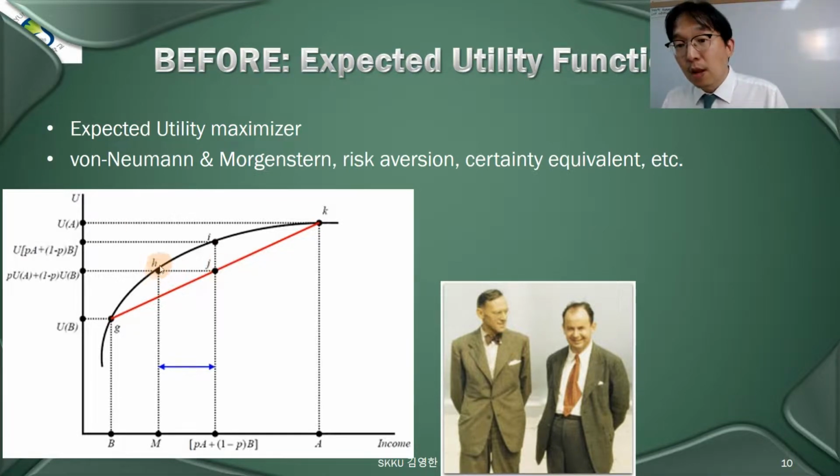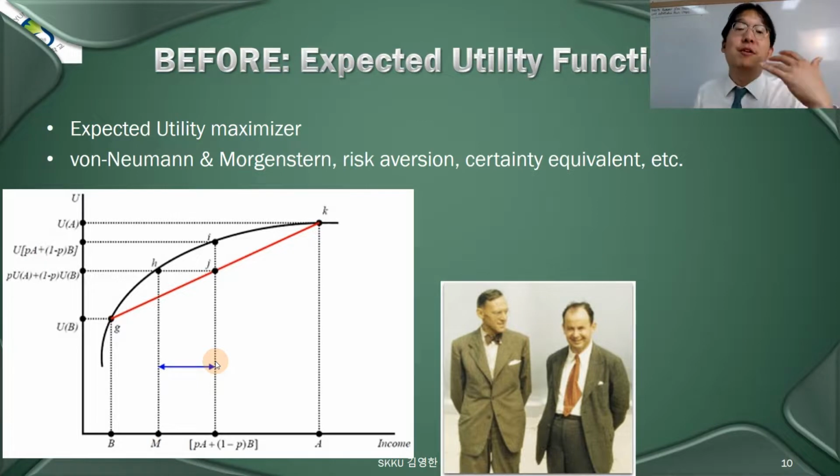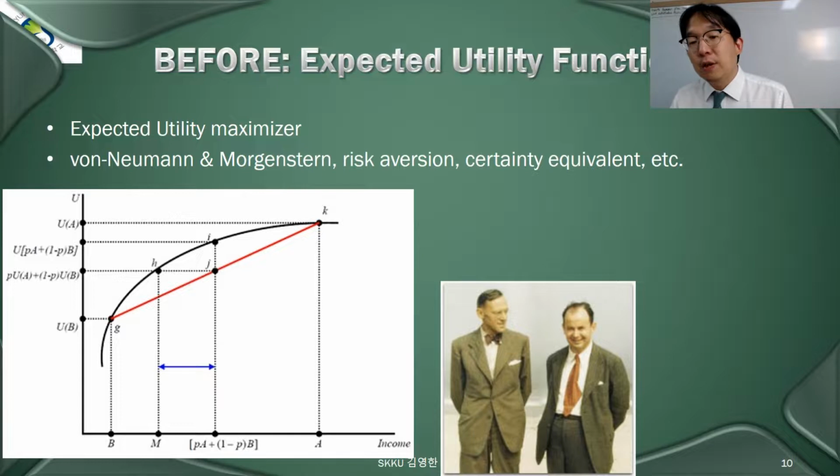Then you see the difference between M, this one, the weighted average of A and B. This difference, the blue arrow, has to do with your degree of risk aversion. The more risk averse you are, the bigger it will be.